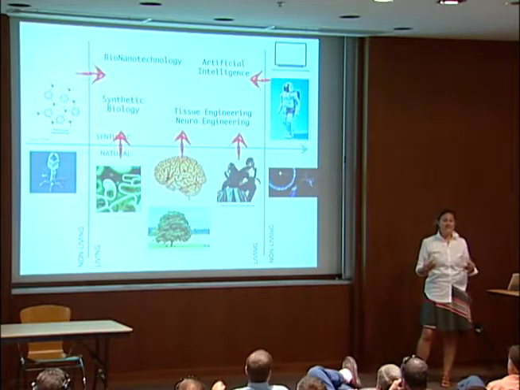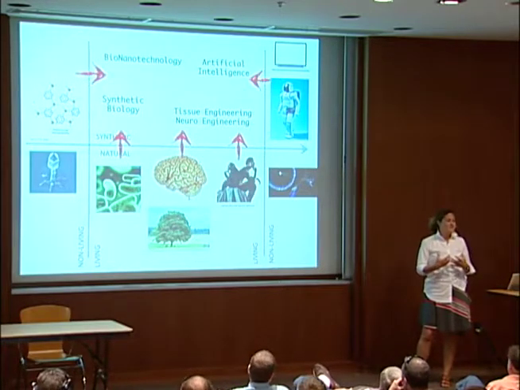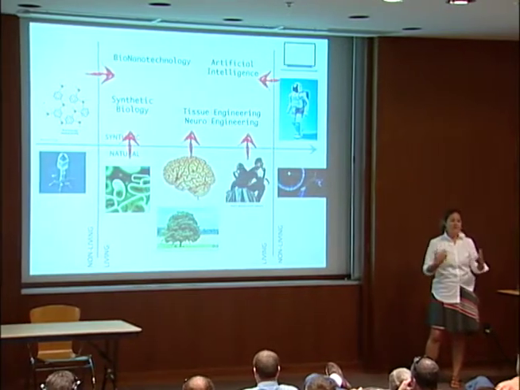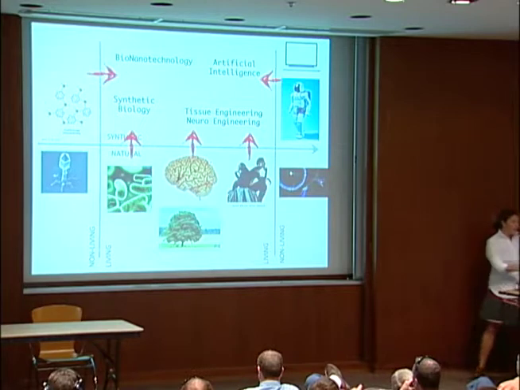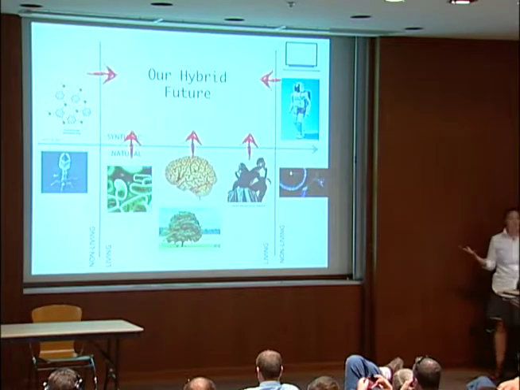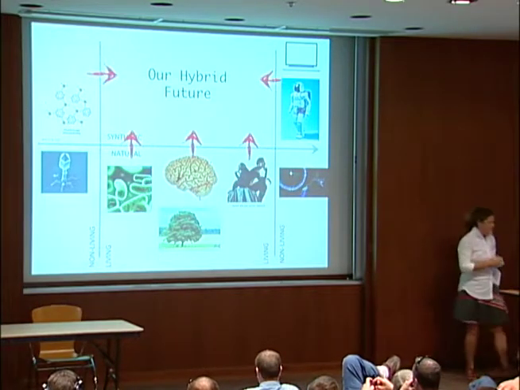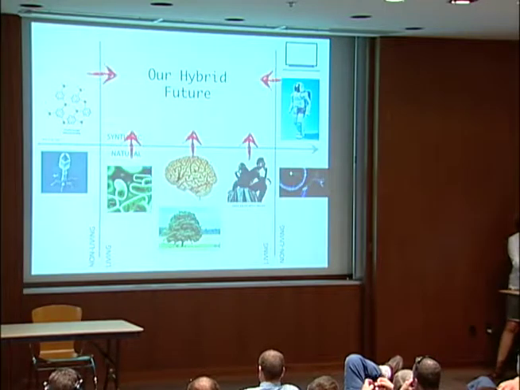AI is going to exist with all of these other technologies commingling, and it'll be a merger of these into what I call our hybrid future. Okay? So this is the space that we're going to focus on today.